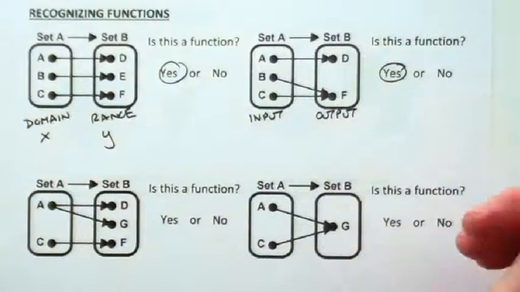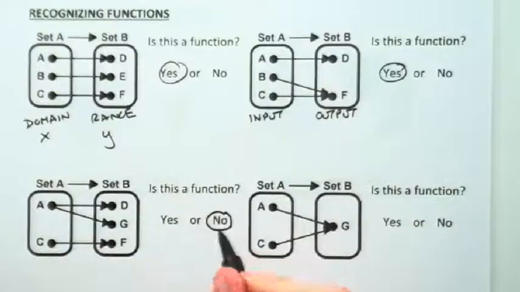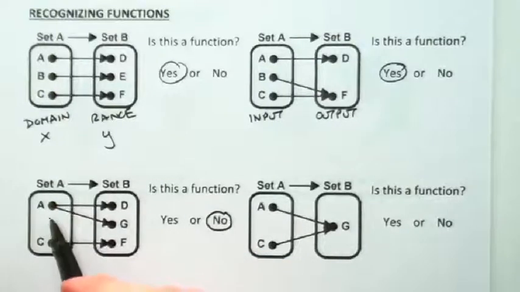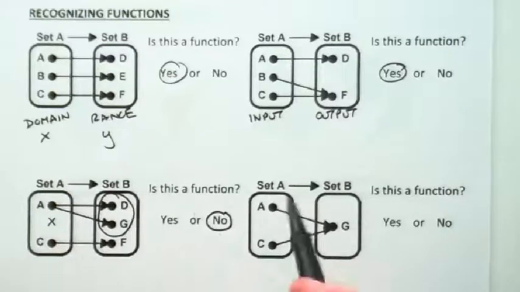So it's a yes. Here is where we get the counter example, or the no example. Here's why. Notice this. A has a D value, but A also has a G value. This is not a function, because this x value has two y values. Remember that definition?